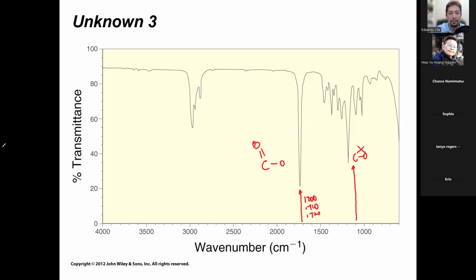So what is it? What else could it be? Could it be an amide? Could this be like an NH or an NH2? No, because why?